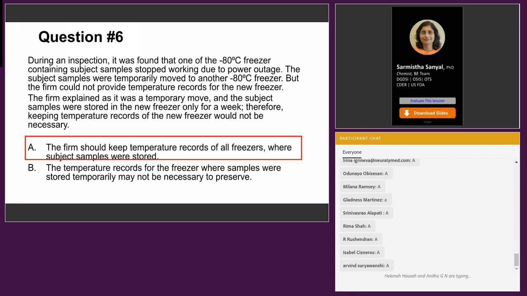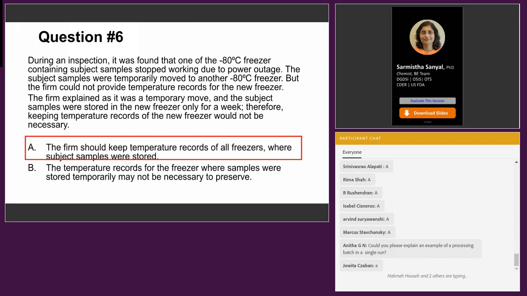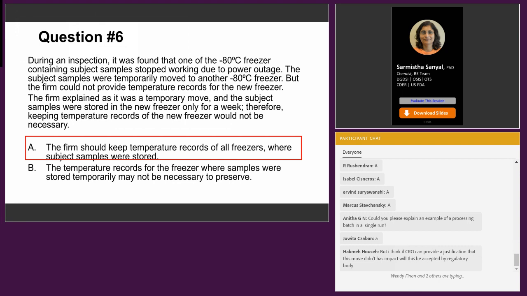And again, the point here is proper documentation so that you can reconstruct the study. So in this case, if you have a gap in the temperature records of subject samples, and during the audit you are asked how do you know that the subject samples were stable, or that nothing went wrong with the subject samples, to reconstruct that or to answer that question, you need the complete temperature records of all the freezers.